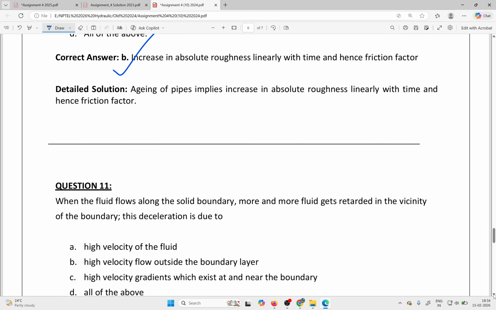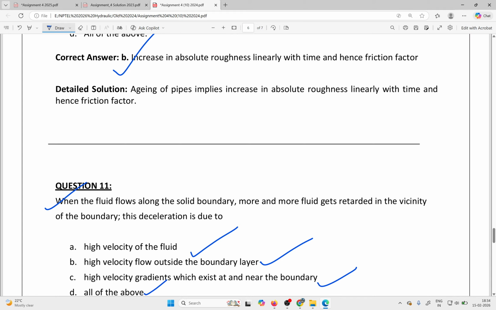For question number 11: when the fluid flows along a solid boundary, more and more fluid gets retarded in the vicinity of the boundary. This deceleration is due to high velocity of the fluid, high velocity flow outside the boundary layer, high velocity gradient which exists at and near the boundary, or all of the above.